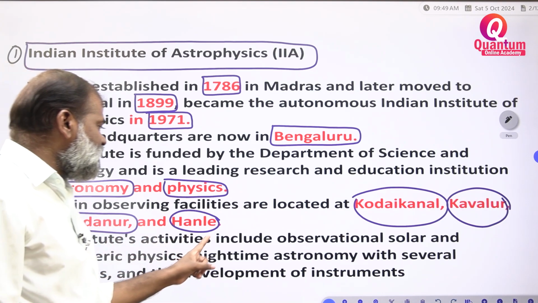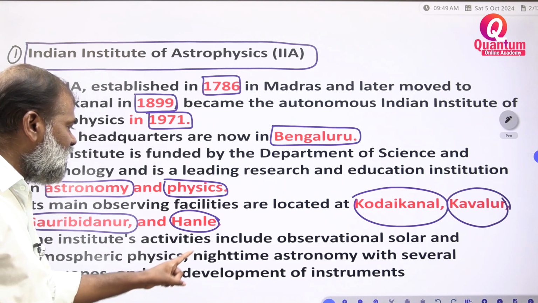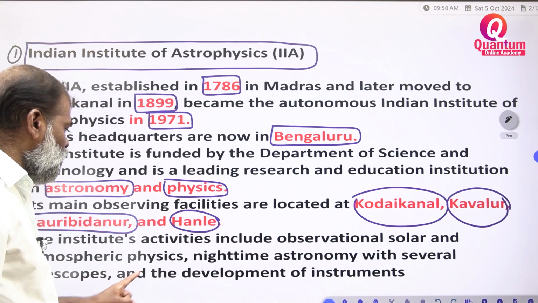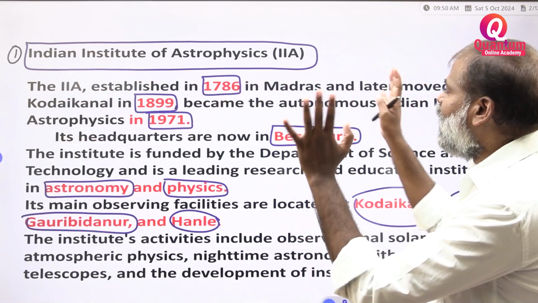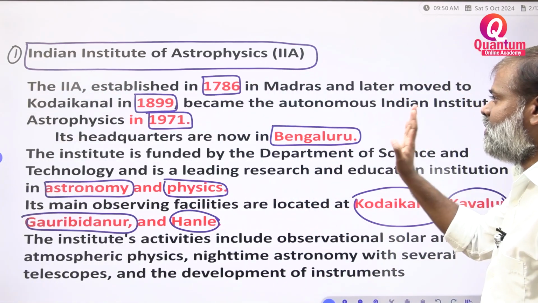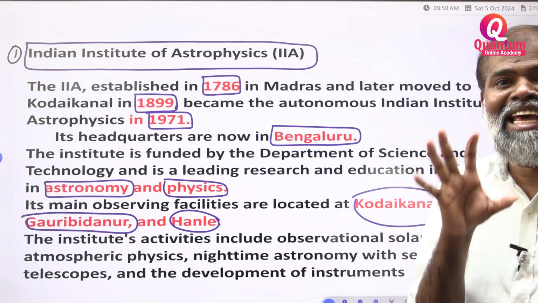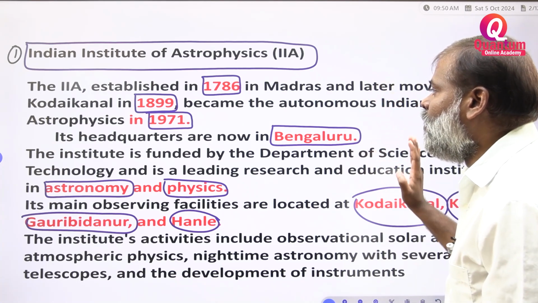The institute's activities include observational solar and atmospheric physics, nighttime astronomy with several telescopes, and development of instruments. This is the story of the Indian Institute of Astrophysics, a very keen institute in the research of astronomy and physics.